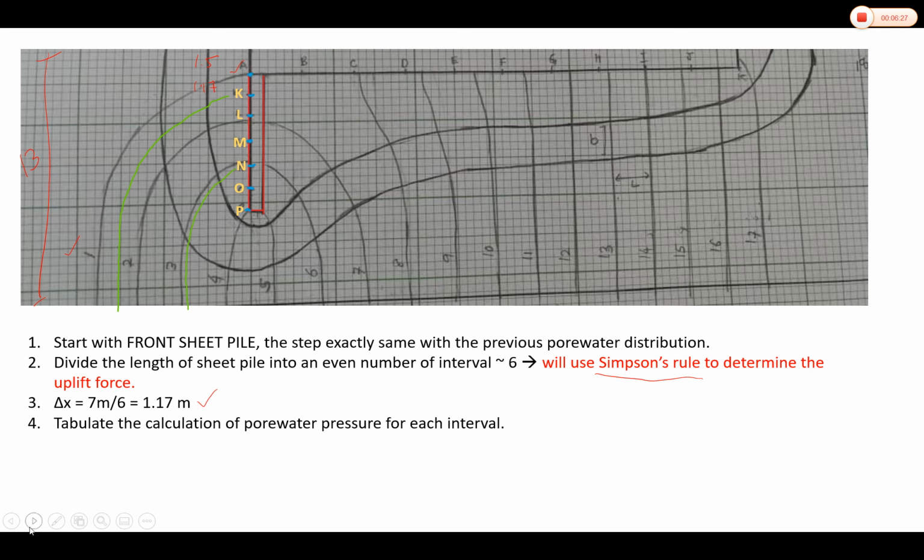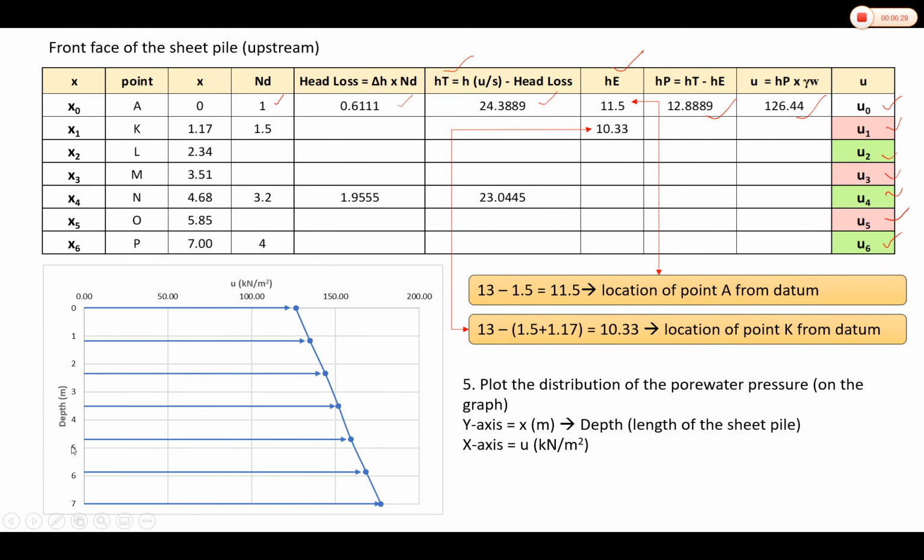That's why the y-axis is the distance or the depth of the sheet pile, and the x-axis is the pore water pressure. So this is the distribution of the pore water pressure on the front face of the sheet pile.